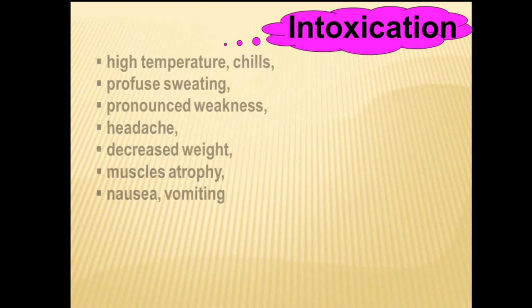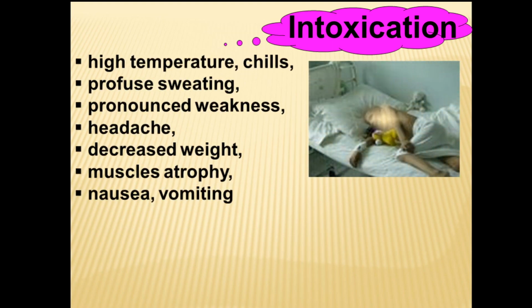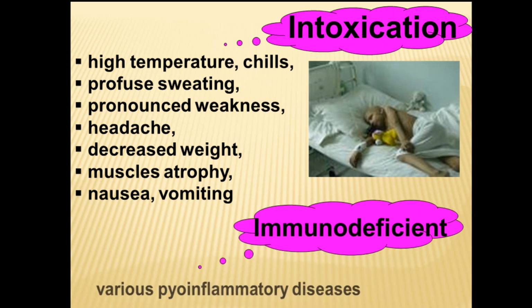Intoxication syndrome is formed due to circulation of abnormal cells and is manifested with high fever, chills, profuse sweating, pronounced weakness, headache. The patient loses weight because he cannot normally eat. A patient cannot walk due to muscular atrophy and feels nausea and vomiting due to progressive intoxication. Immunodeficiency syndrome is manifested by predisposition of the patient to various inflammatory diseases, which are prone to purulent process, not usual bronchitis or pneumonia, but purulent destructive process.